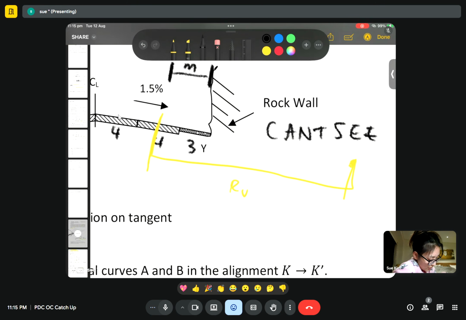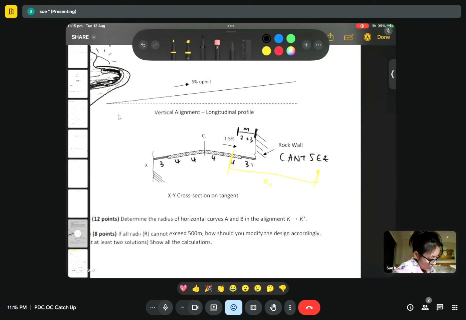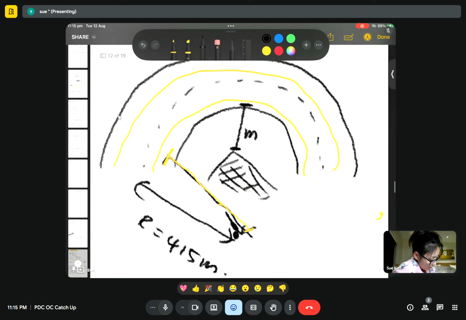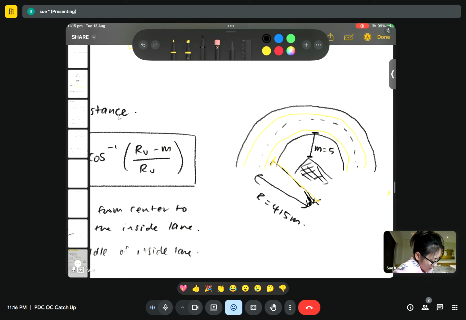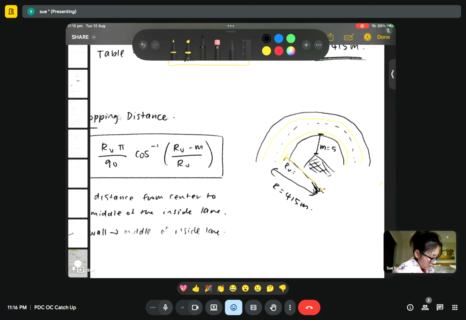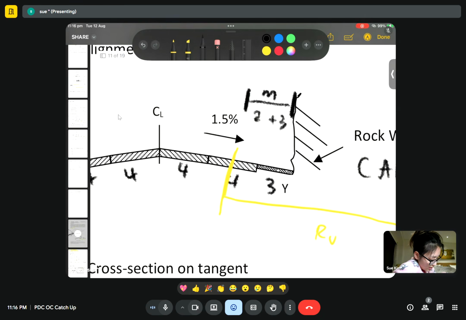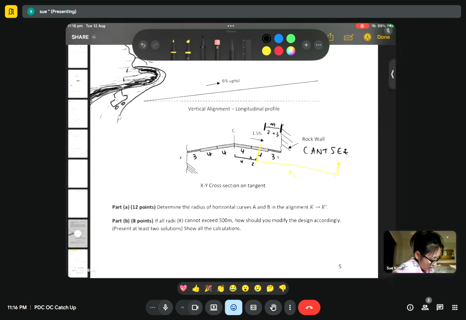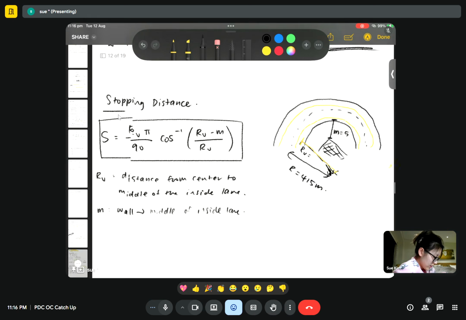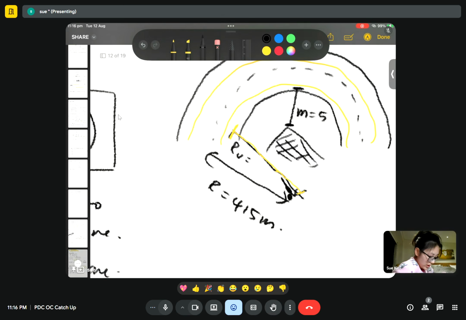That's going to be 3 plus 4 divided by 2, which is 2 meters. So 2 plus 3 equals 5. Oh, sorry, and RV is going to be 415 minus 4 meters minus 2 meters. So that will be 409 meters.